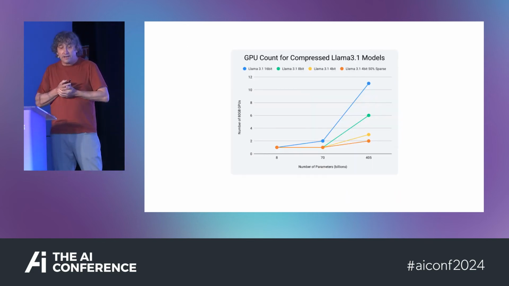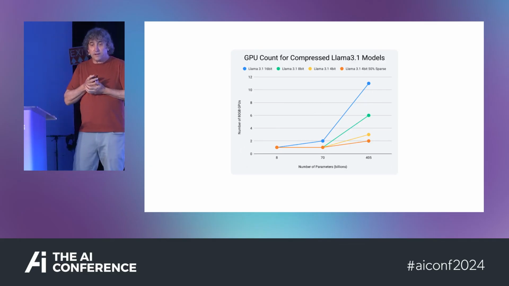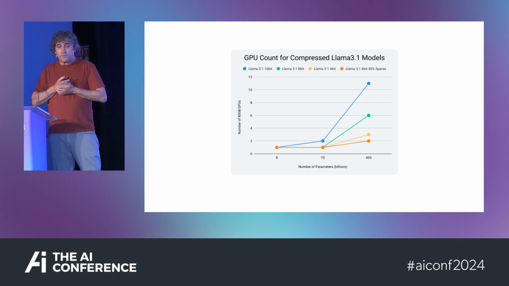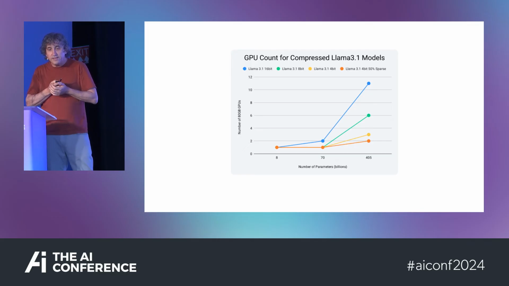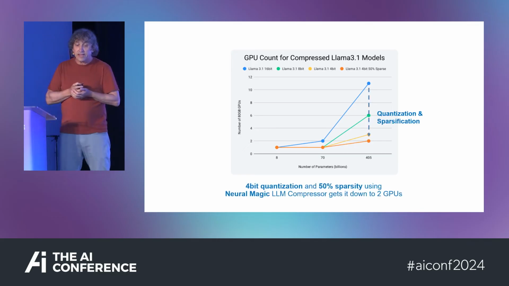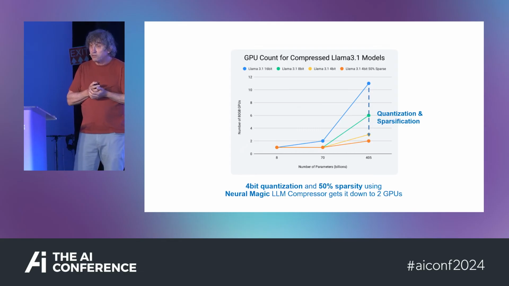So here's a graph of the kind of compression that you can do for a 405B, for a 70B, or for an 8B Llama model. If you look at these graphs, what you see essentially is that with quantization and sparsity, you can actually reduce the size of the model.